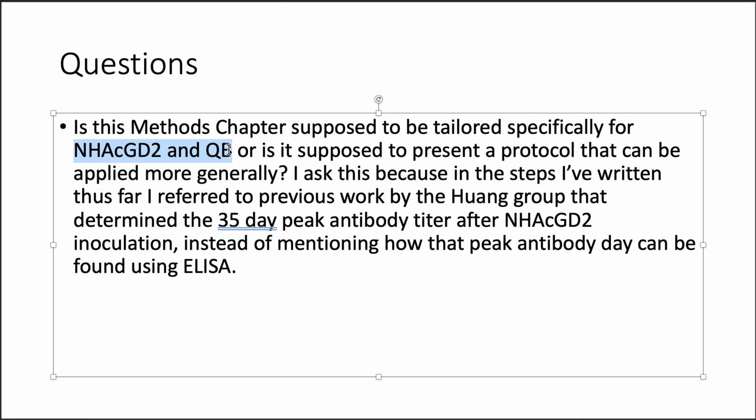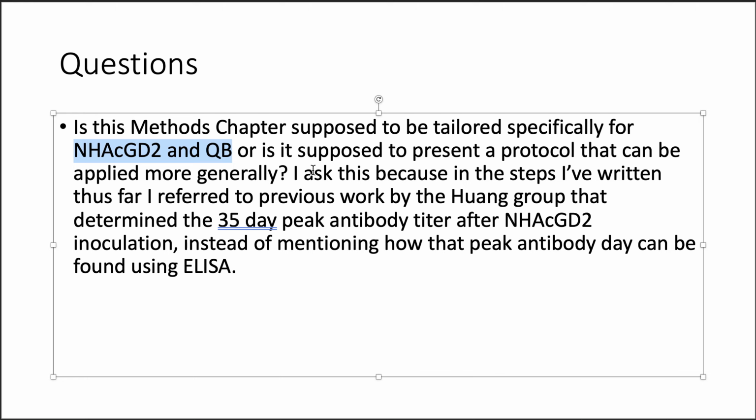Because it seems sort of awkward to write it in that manner, where this is specifically tailored for 9-NHA-CGD2 and Q beta, and we never actually mention them within this methods chapter. If it's a more general methods chapter, like how to obtain yeast surface display antibody libraries from mouse immunization, then yeah, I can be more general.